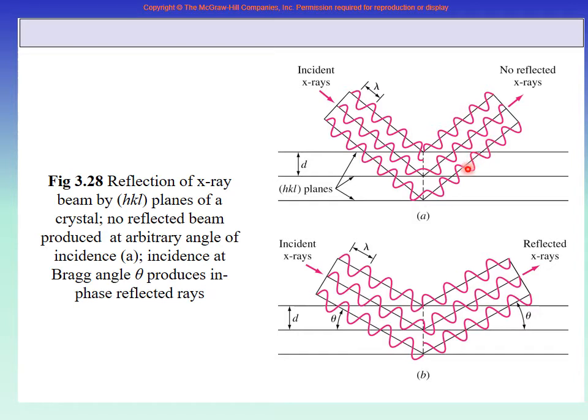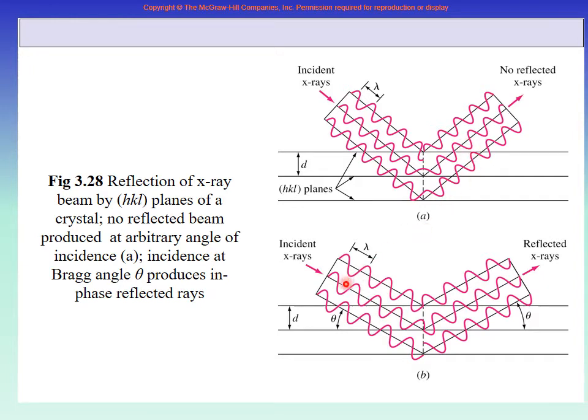If these two waves are out of phase, you see the top or crest of one matches with the bottom of the other, so they kill each other. It is called destructive interference. The top of this wave and the bottom of this wave meet, so they kill each other.